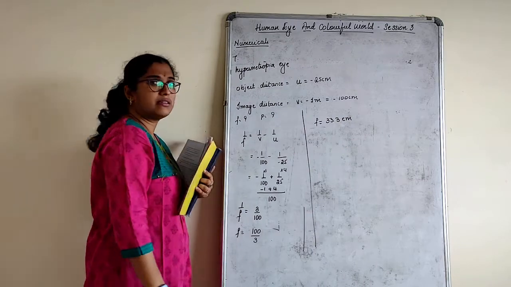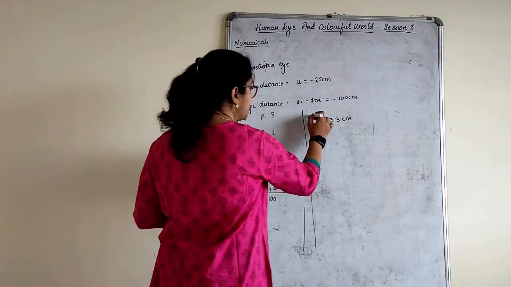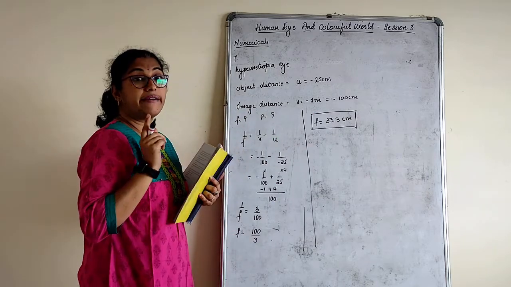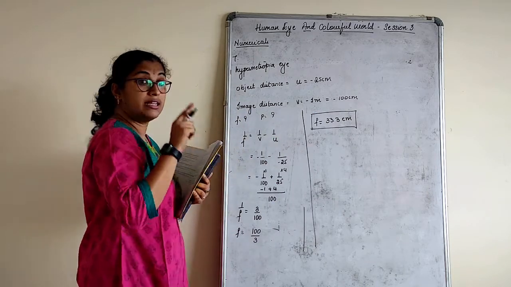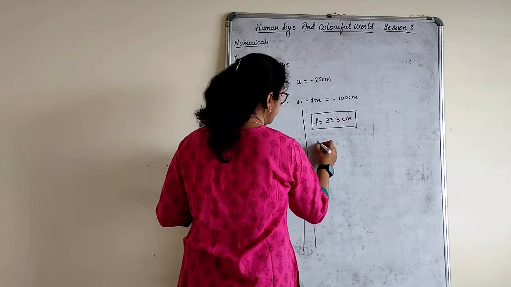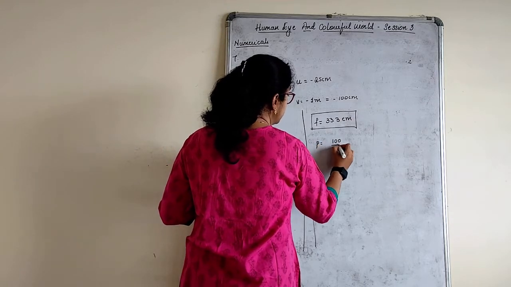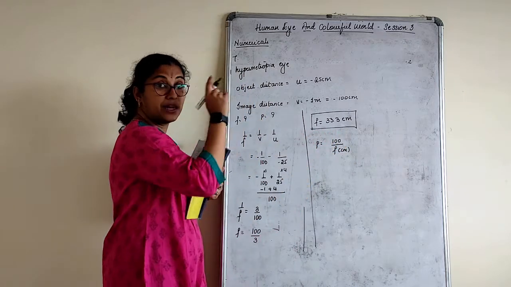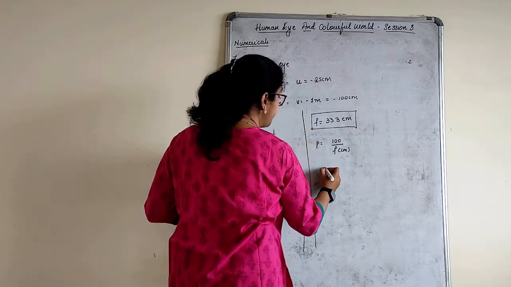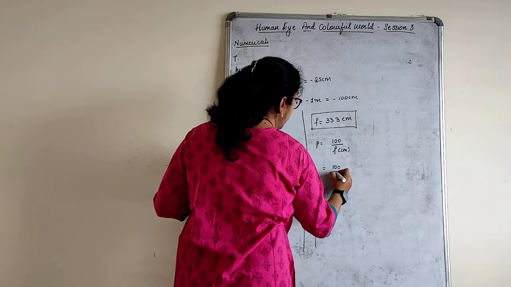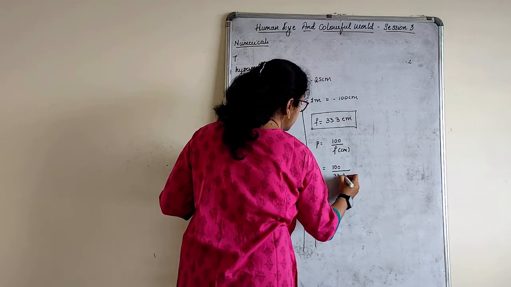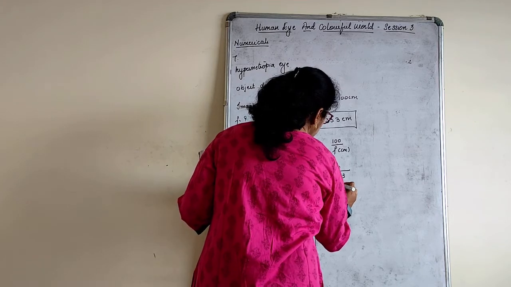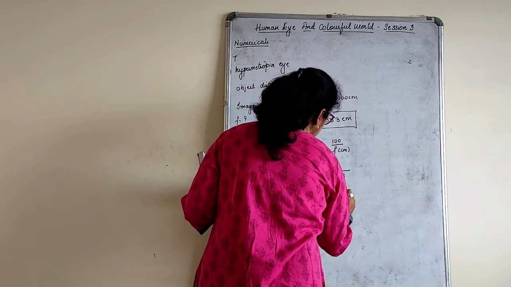If you want it in meter, you know how to convert. For hypermetropia we use a convex lens, so focal length has to be positive. Power is equal to 100 by f in centimeter. This you always have to write if you have kept it in centimeter; otherwise convert to meter. So 100 upon 33.3, or 1000 upon 333.